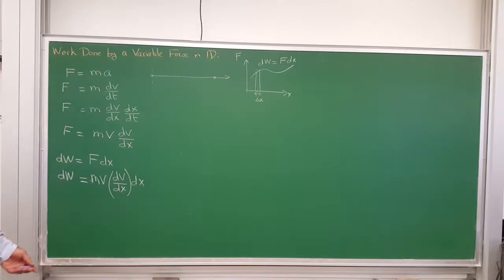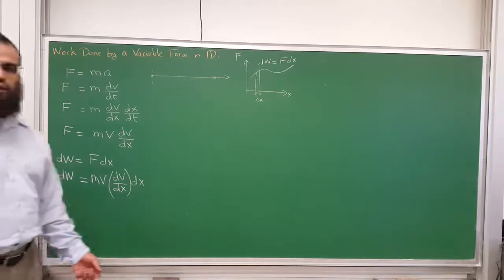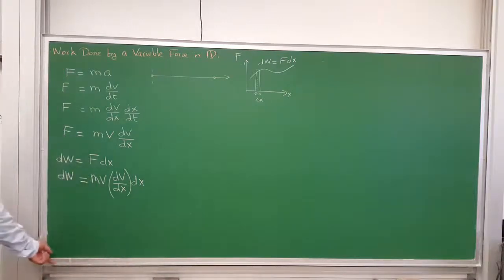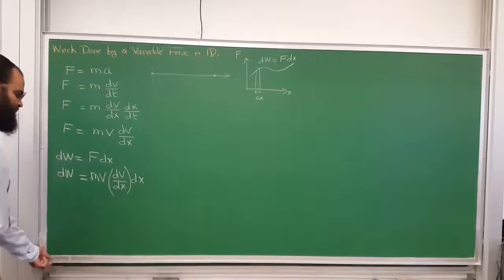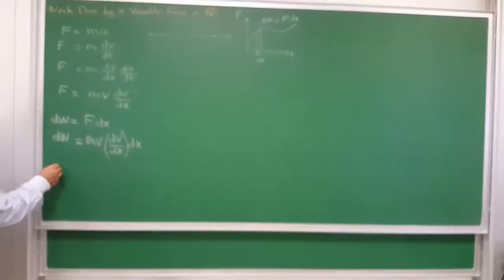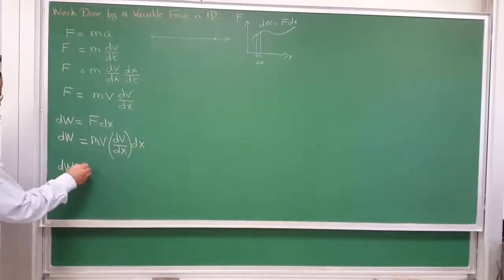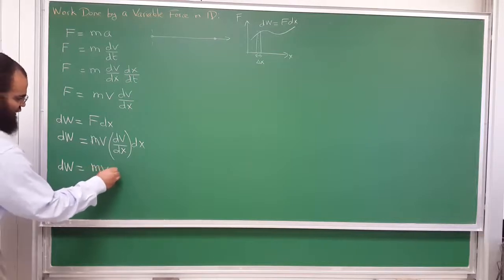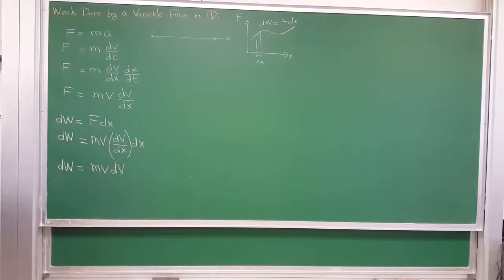That's how you define the differential dv: dv is dv dx times dx. And so this simply becomes dv. And so we get dW, therefore, a tiny amount of work is mv dv, right? mv dv. That's a tiny amount of work.